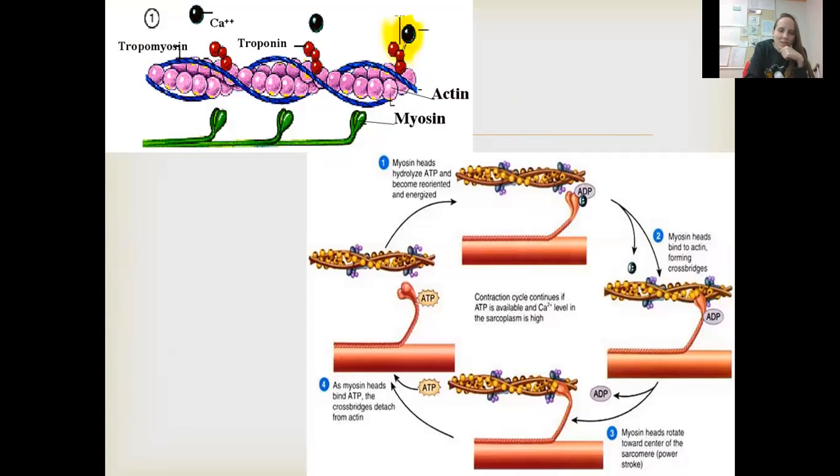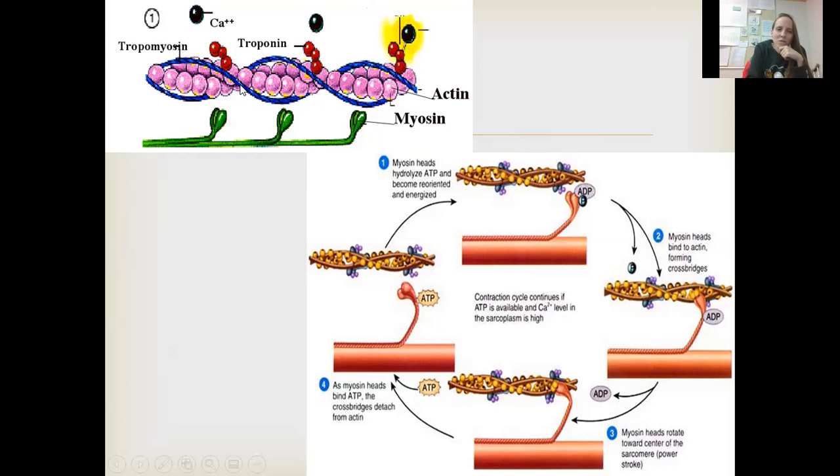This is kind of what it looks like here. So the myosin is the green myofilament, and this pink myofilament is the actin. And as you can see, you have this molecule called tropomyosin that wraps around the outside of the actin. That's the blue here.